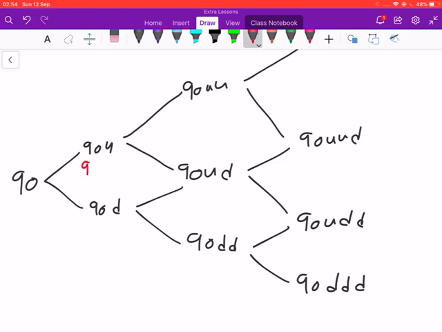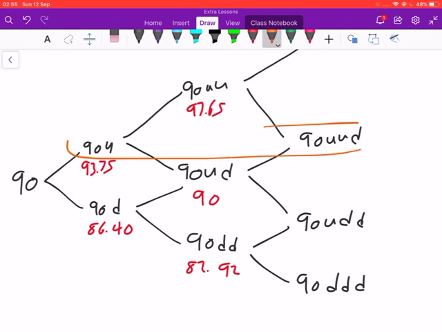It's going to be 93.6, 86.75, 86.4, and here is going to be 82.92, 90, and then here is going to be 97.65. And by the way, these values here should be the same. This should be the same as this, and this should be the same as this.